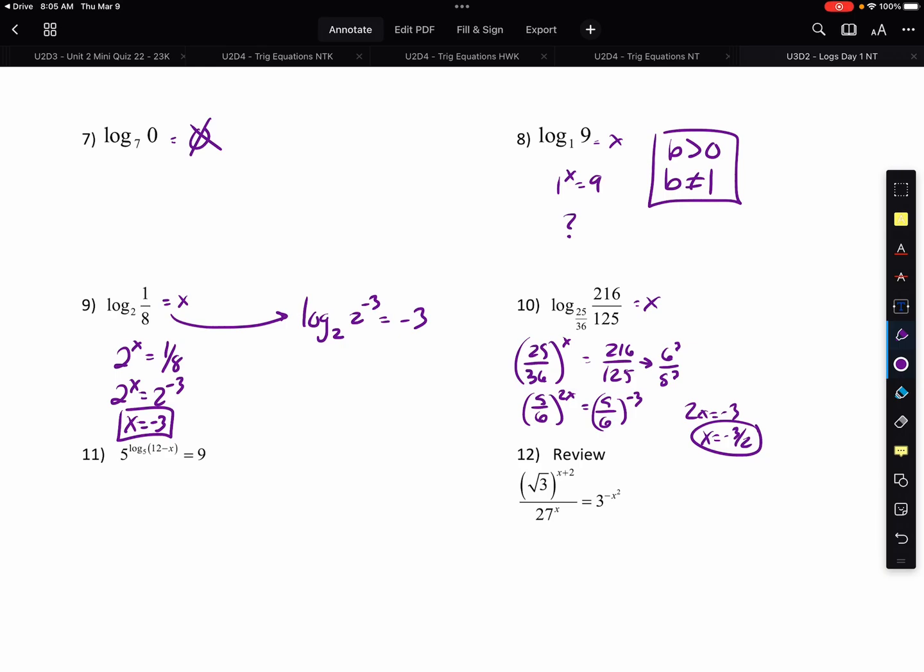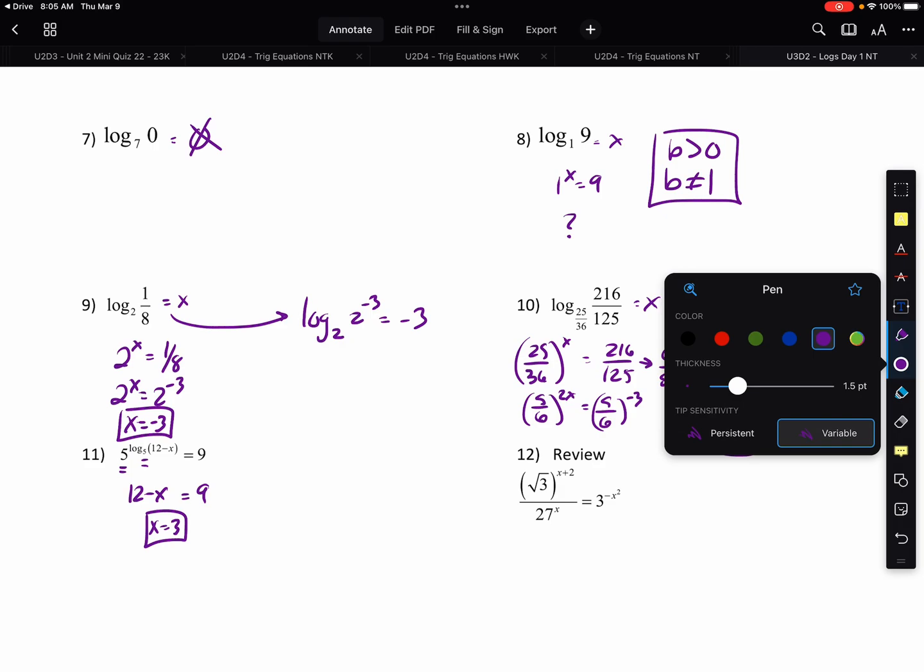2x equals negative 3. X equals negative 3 over 2. All right, what do we got here? In this situation, since they are the same, this whole left side is just 12 minus x. So I'd have x equals 3. So the rule is, if the base and the base of the exponent are the same, it equals the argument. And if we're stuck, we could convert.